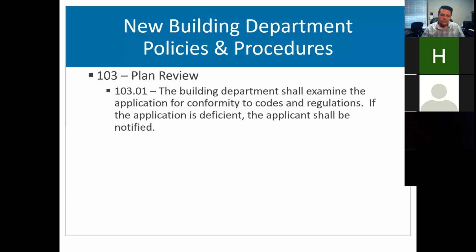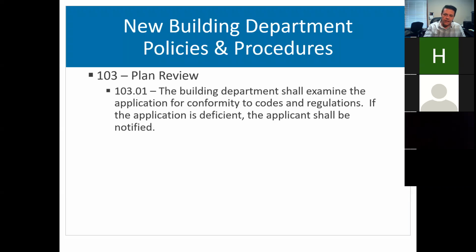We can't just sit on plan reviews, and I think our building department does a great job at this, but we can't just sit on plan reviews and never let the applicant know that there's a problem. That can always turn into an issue with discrimination, because there's bound to be something that person is going to claim was different about them, a protected class under the law, and now it looks like we're violating the Fair Housing Act.